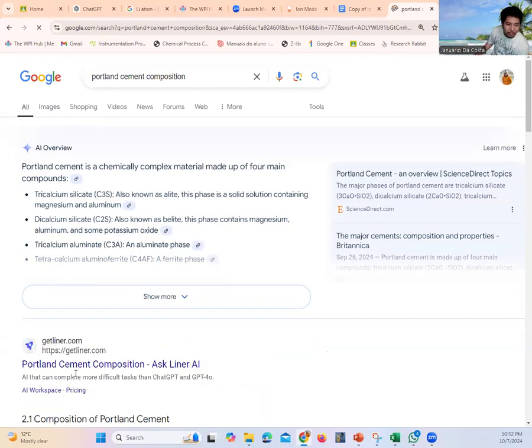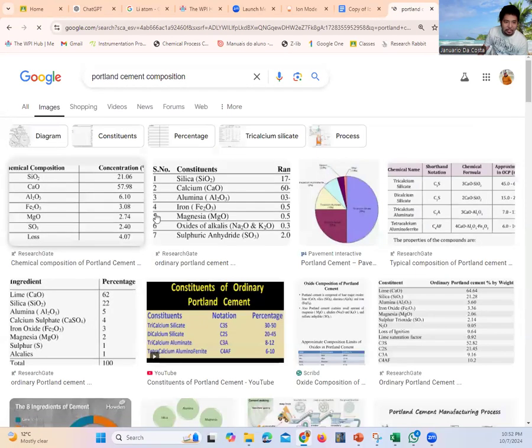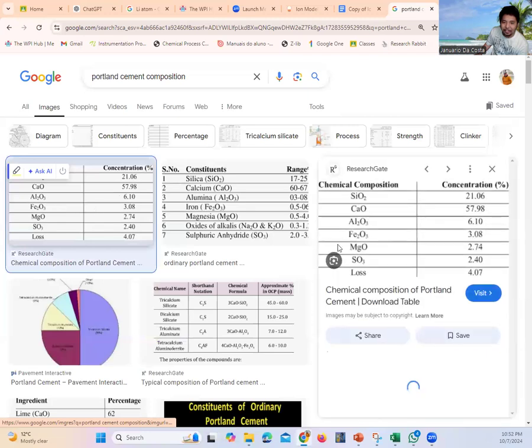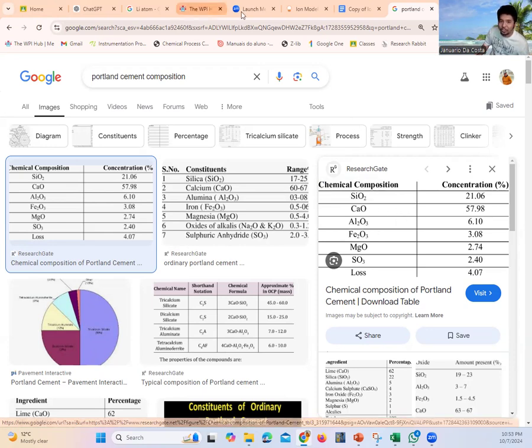Okay, you see? So you have tricalcium silicate. Portland cement's composition: silicon dioxide is ionic bonding, calcium oxide is ionic bonding, aluminum oxide is ionic bonding. So if you look at aluminum oxide, the bonding is between aluminum and oxygen.